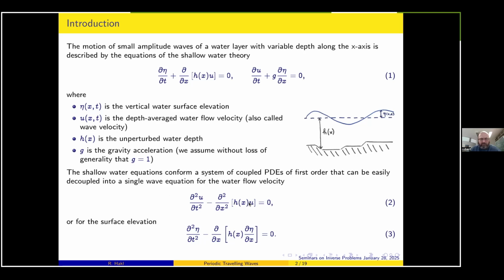Or we can derive the first equation according to t and use the second to get equation 3, where appears only the surface elevation. And we will focus on these two decoupled equations, 2 and 3.